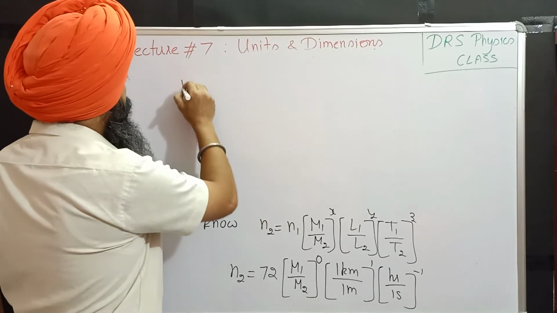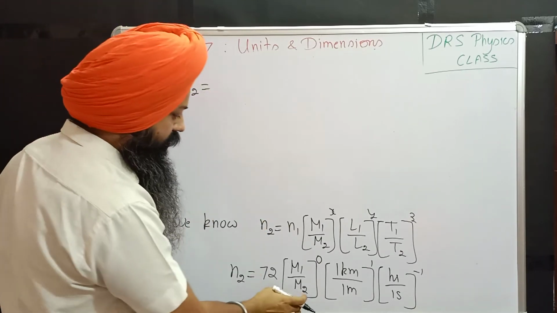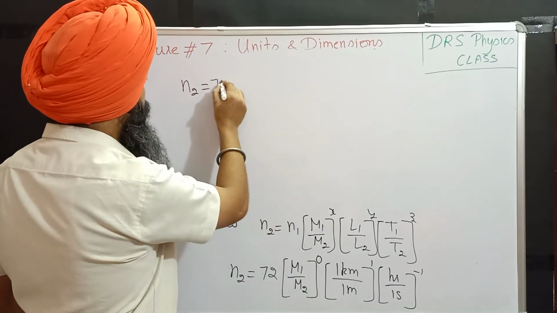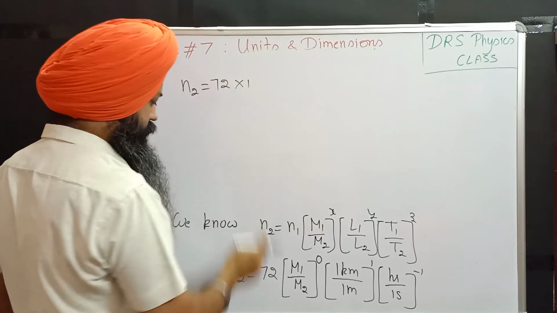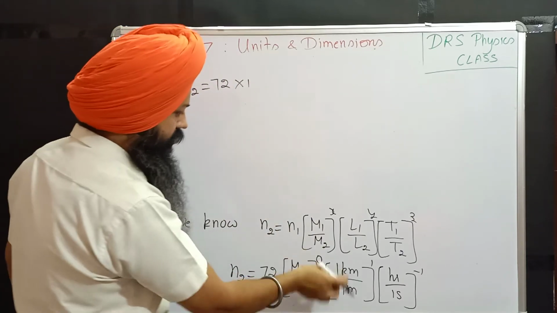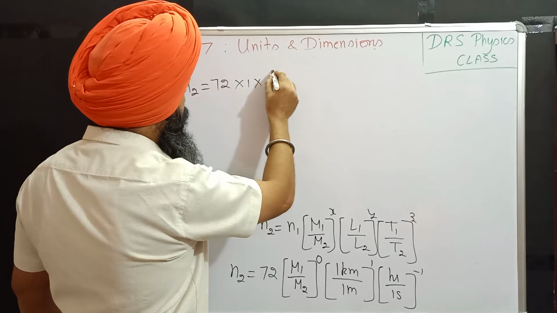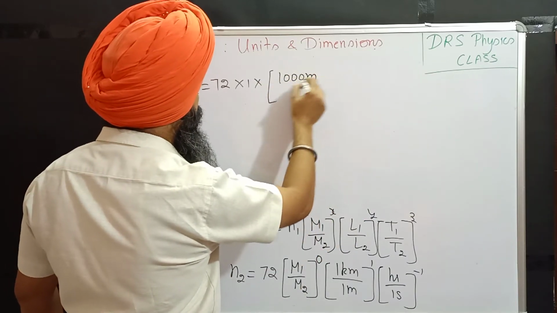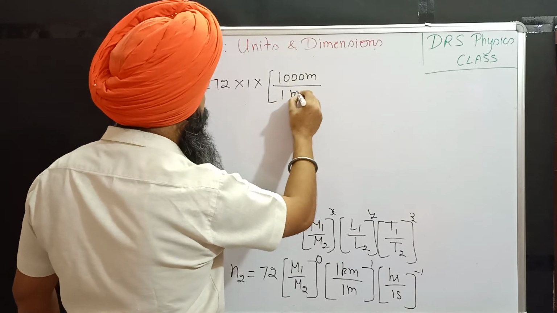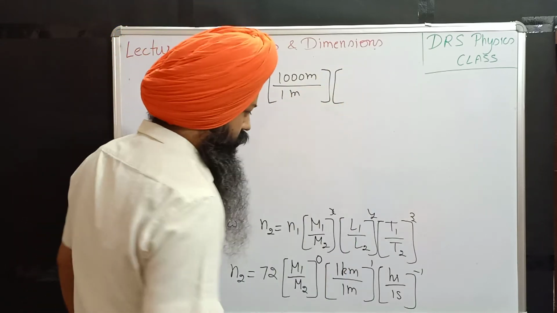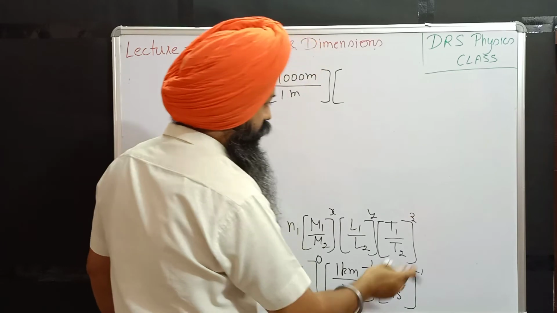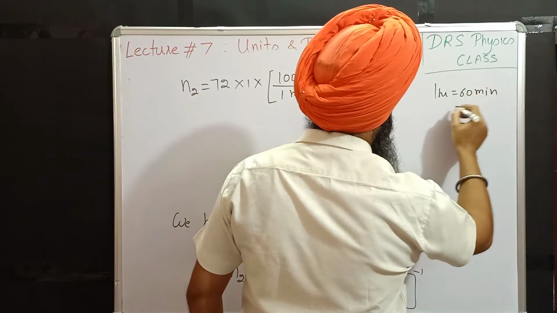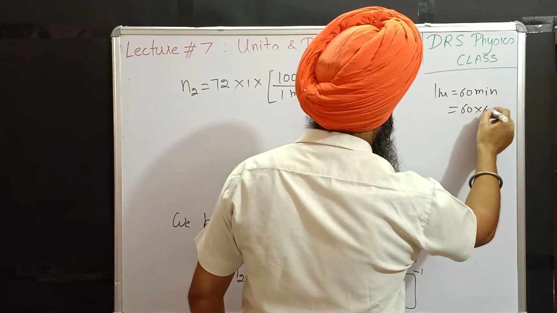So n2. Value of the first term would be 1 because power is 0 here. So 72 into 1. What is the relation here? 1 kilometer is equal to 1000 meter upon 1 meter. 1 hour is equal to 60 minutes. Each minute is equal to 60 seconds.